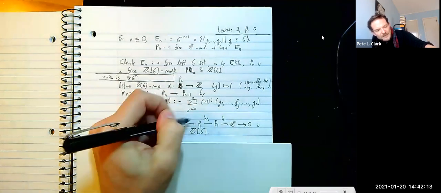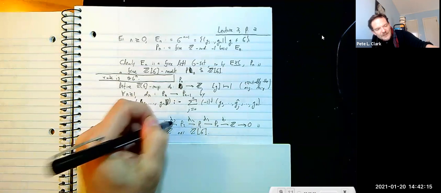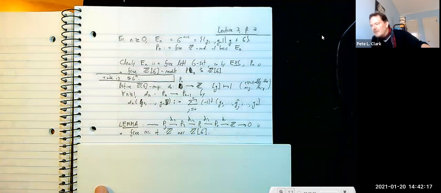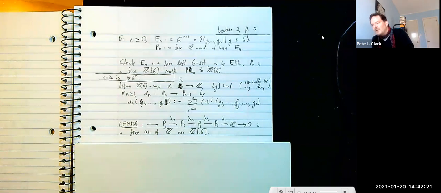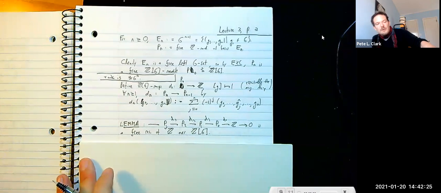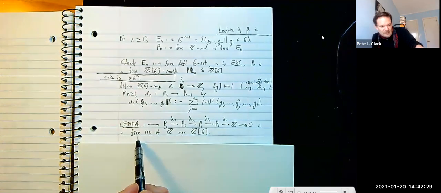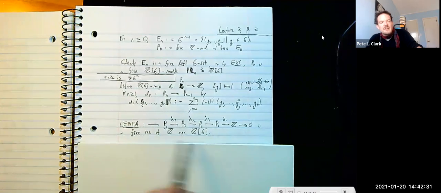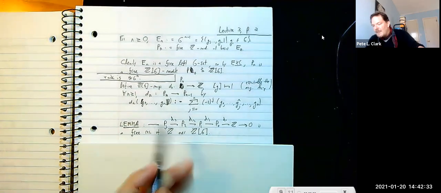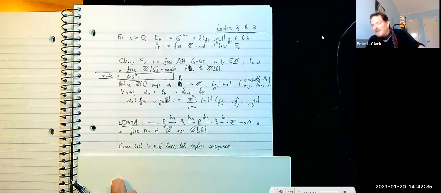So the content of this lemma is that this is a long exact sequence. So the kernel of each one is equal to the image of the next one. That's what we have to prove. And once you prove that, you get an explicit free resolution, which is, in particular, a projective resolution of Z over ZG.